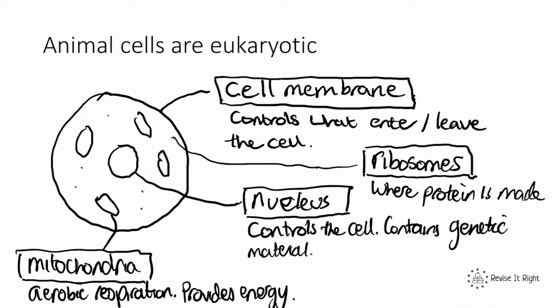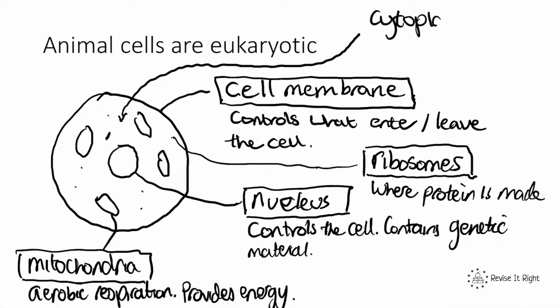And the final thing we need to look at in the animal cell is the gel-like substance all in the middle of the cell. All this empty space here. So we call that the cytoplasm. Now the cytoplasm is where most chemical reactions happen.